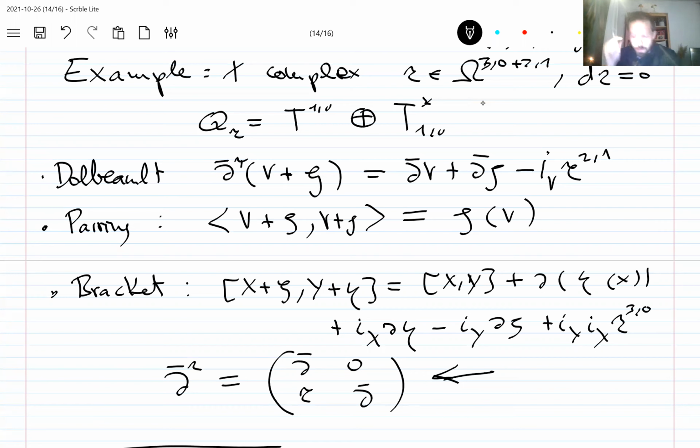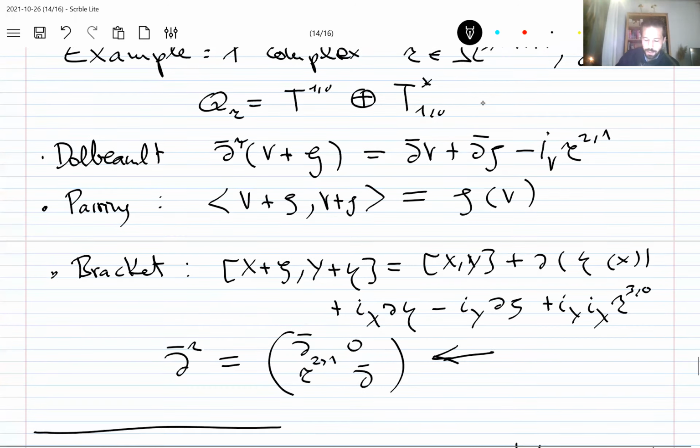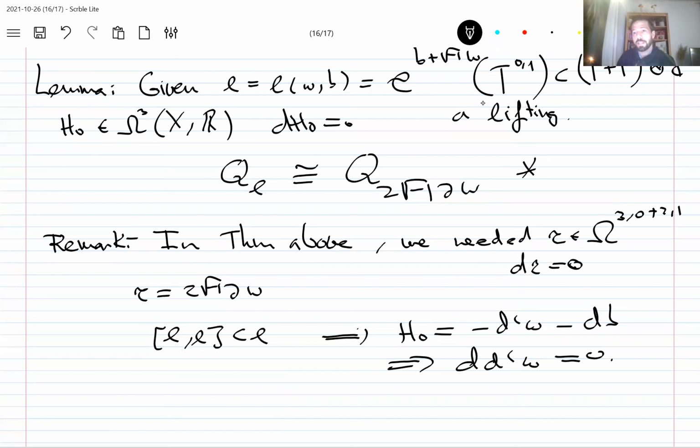And here it should be 2,1, by the way. So these ones, which are obtained by reduction, are particular because the tau has no 3,0 component, and furthermore the 2,1 component is del of something, del of a real object.